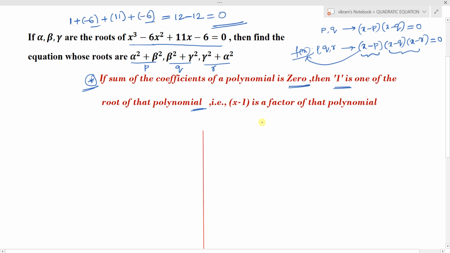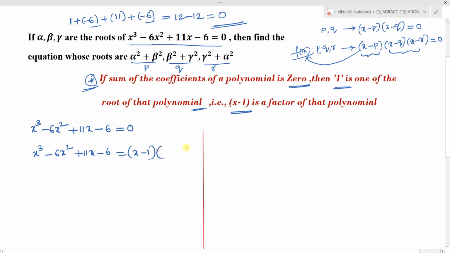That means x minus 1 is a factor of that polynomial. So now we can write x cube minus 6x square plus 11x minus 6 equal to 0 as a cubic equation, with x minus 1 as a factor.